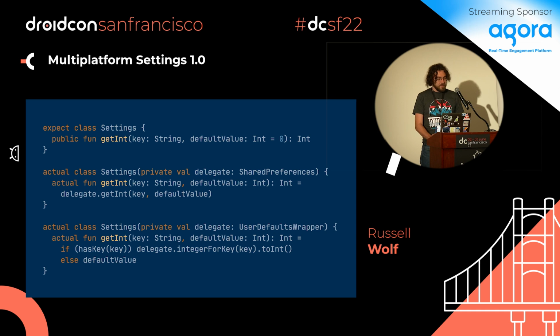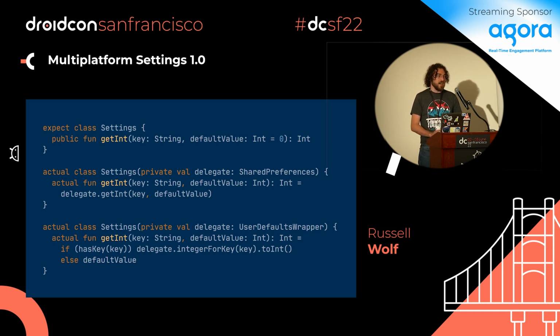But one of the things that you often do as a new multi-platform developer is you have this new tool called expect actual, where you can have an expect declaration in your common code that you create an actual declaration in your platforms that replaces it at compile time, so that you can get your platform-specific implementations. And you have this cool new hammer, and everything feels like a nail, and so you expect actual everything that you do. And it ends up being a little bit less flexible in practice.